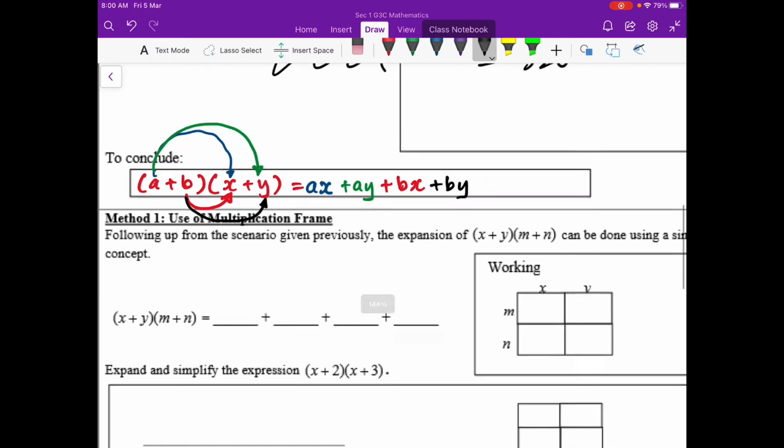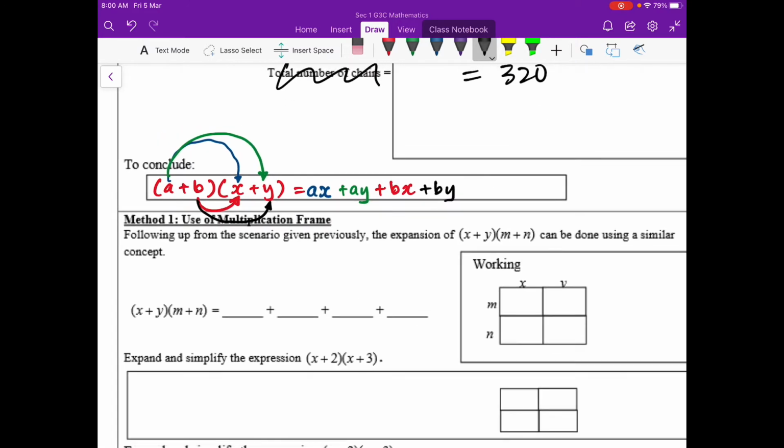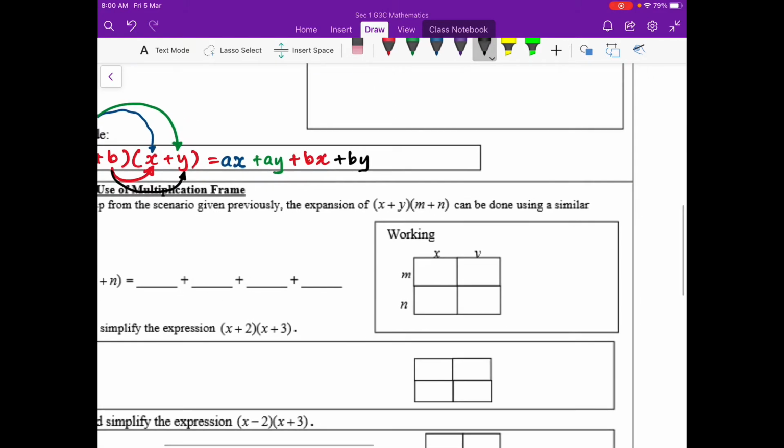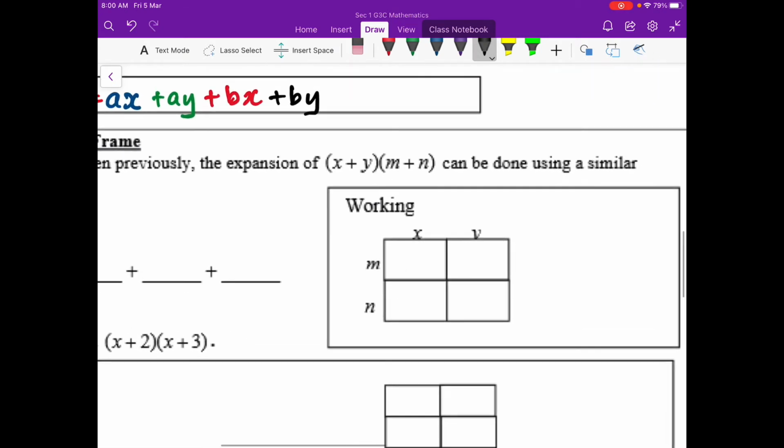Okay, so instead of this rainbow method, there is also this idea called the multiplication frame. You don't need to know the name, but it is useful for you to be able to do multiplication this way. So let's take a look. This is our frame, like a picture frame. It is divided into 4 parts, and we have dimensions. We have the so-called length, in inverted commas, because length cannot be negative, but all these values could be negative.